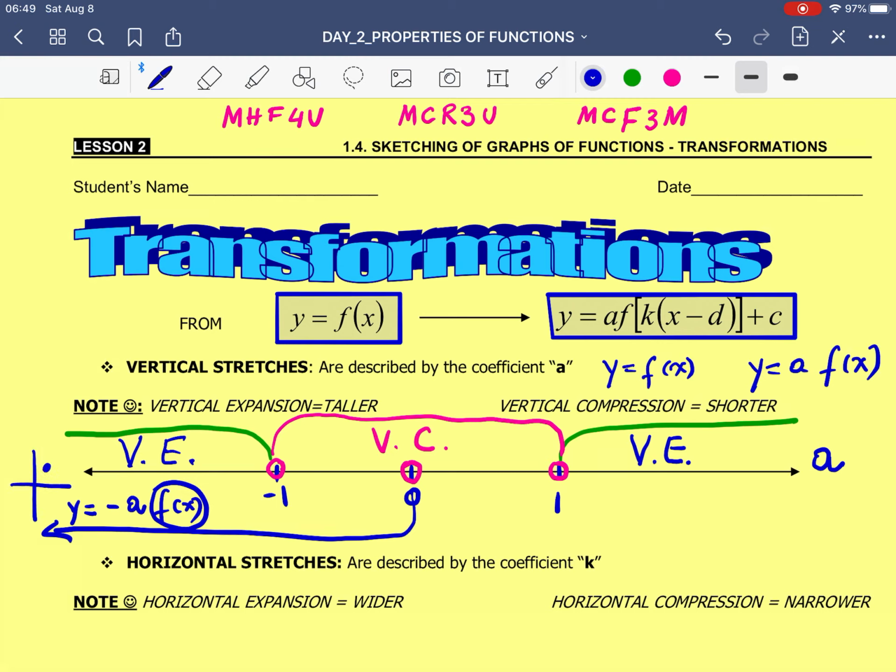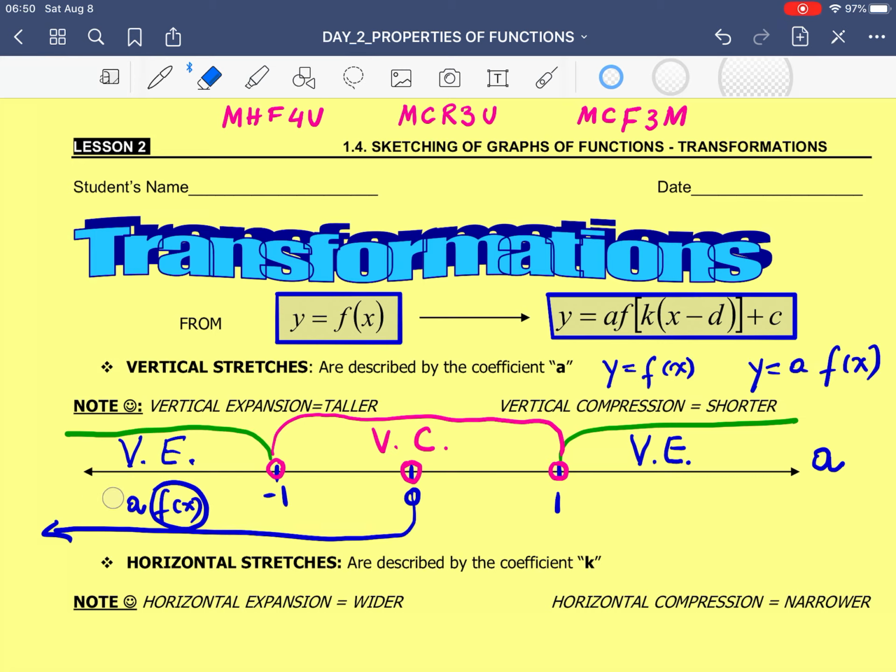So if a point happened to be above the x-axis, that's where all the values of y are positive, then they will have to go to the other side of the x-axis, because that's where the y values become negative. So if this was a point a f of x with a positive, this will be the negative a f of x with a negative, just to say.